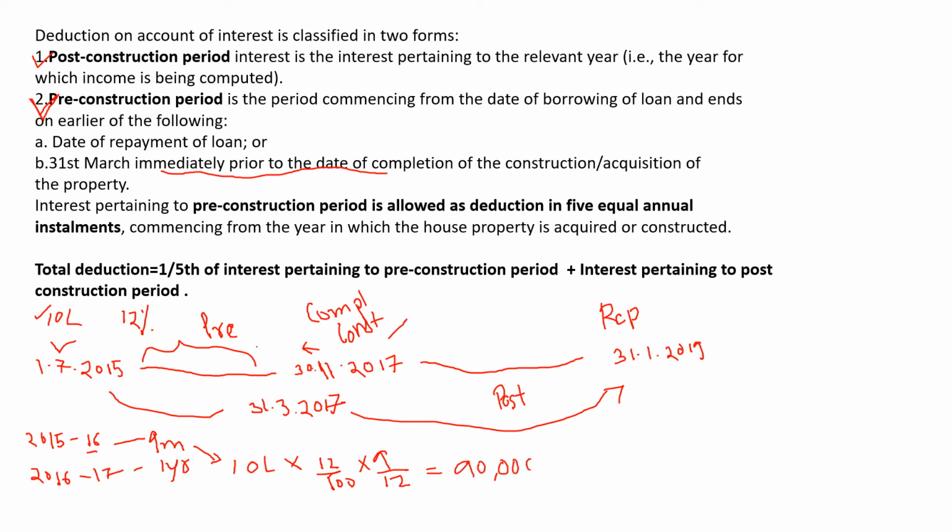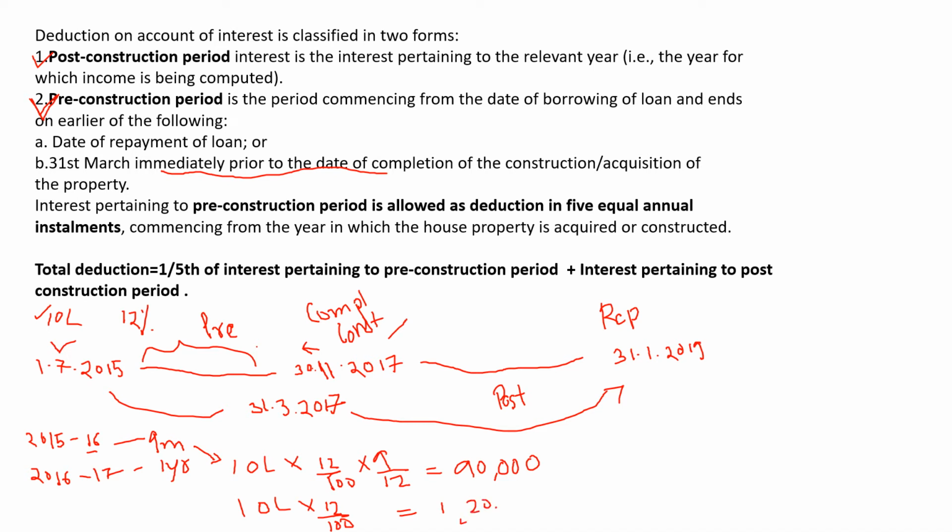And for 2016-17, the amount will be 10 lakh rupees into 12%. Here it is for 12 months, so it will be 1 lakh 20,000, right?